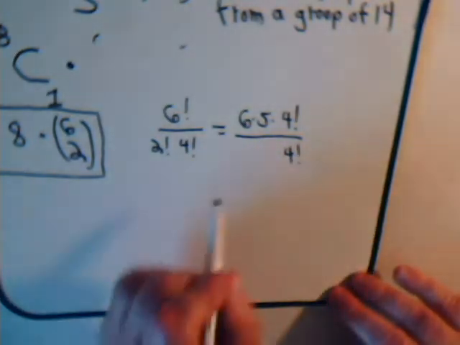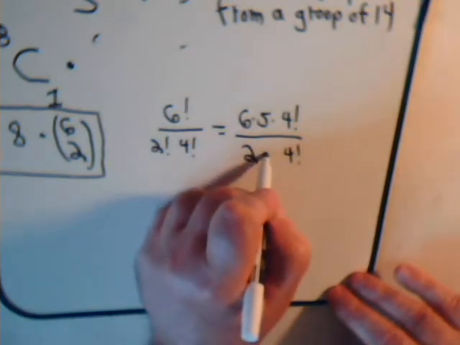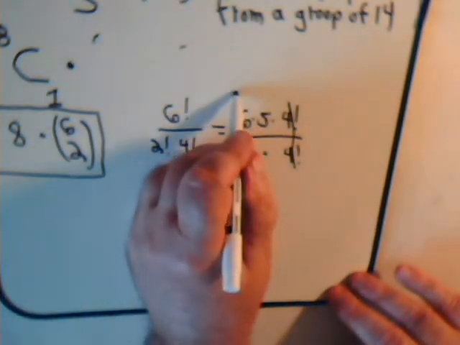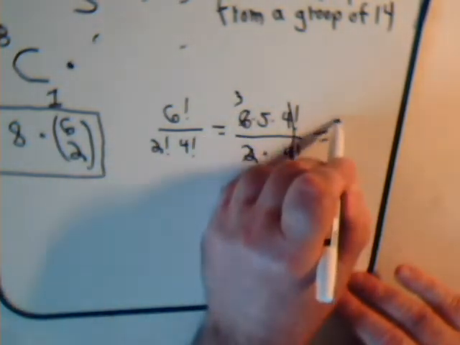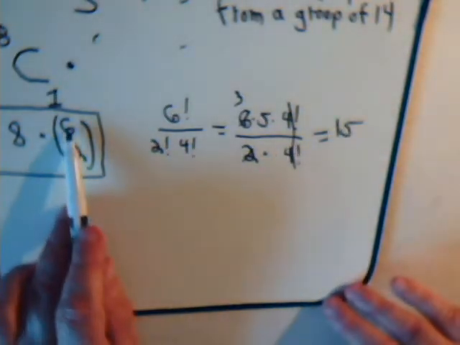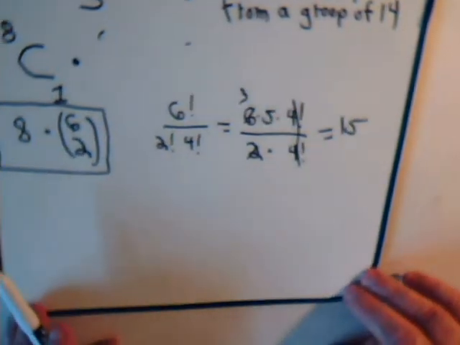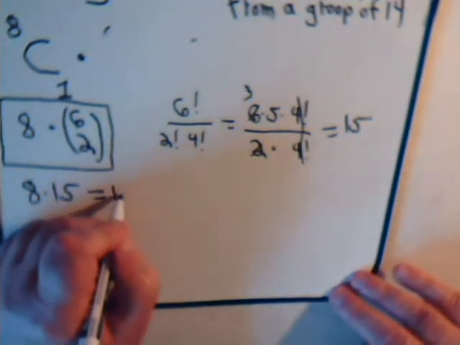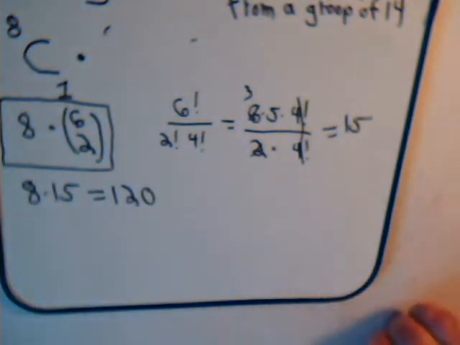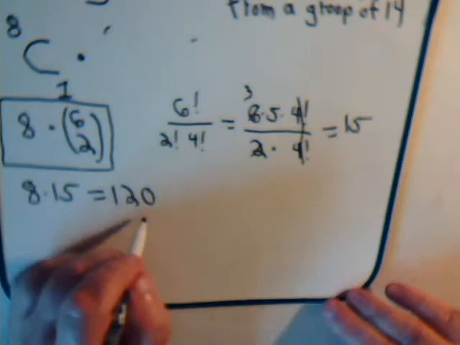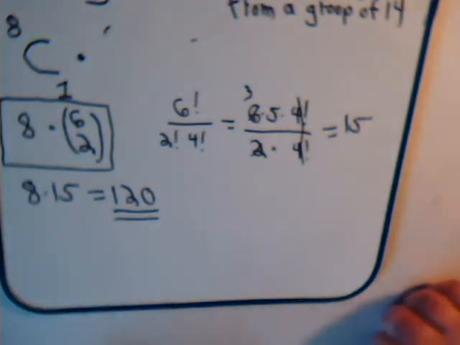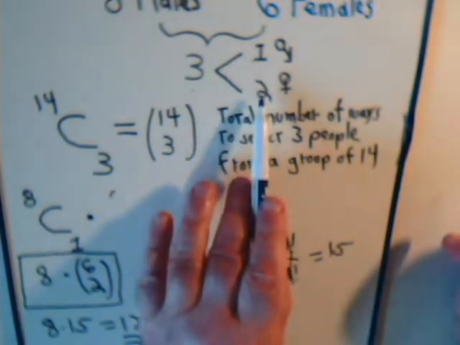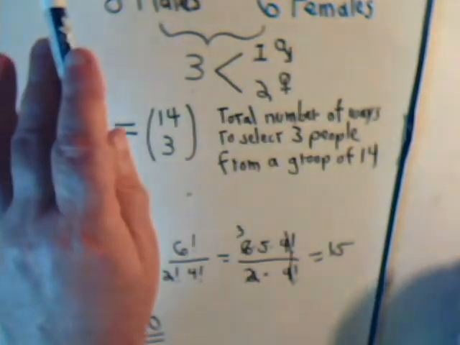And 2 factorial is just 2. So these cancel, and 2 goes into 6 3 times. So this is 15. So this binomial coefficient is 15. So 8 times 15 is 120. That tells us there are 120 different ways to select 1 male and 2 females from this group.